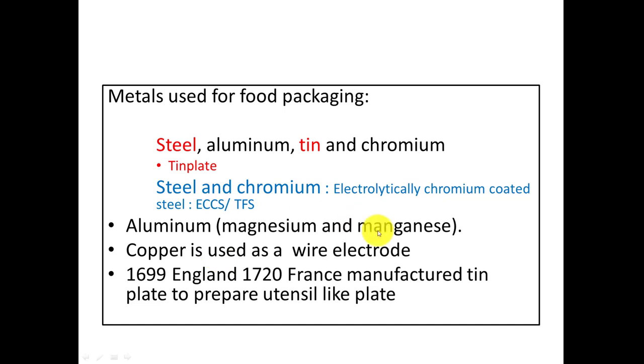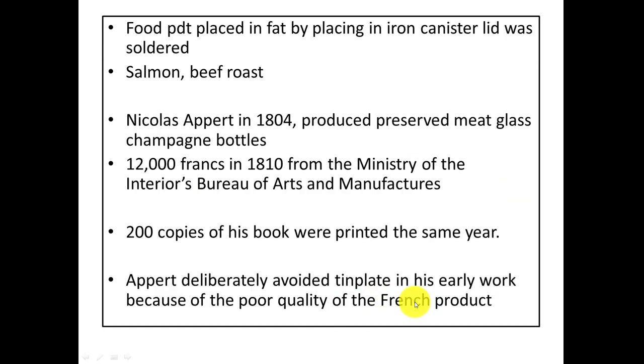If you look at the history of when these metals were used in manufacturing food packaging, the first cases were reported from England, in 1699 and 1720, as reported in the literature. They started manufacturing tin plates, and from these tin plates they prepared some utensils like plates.